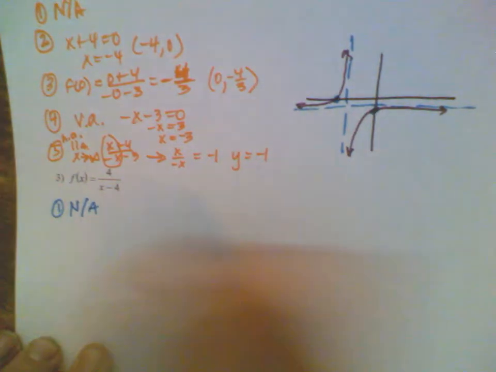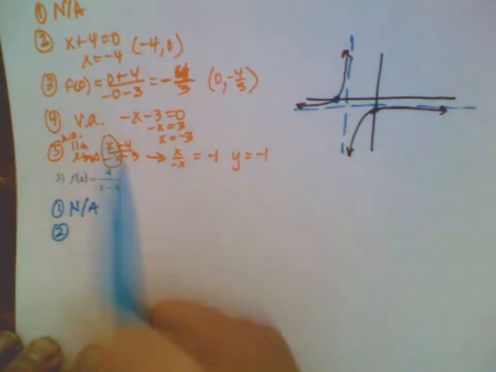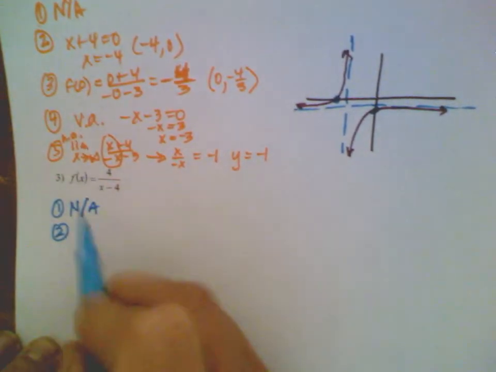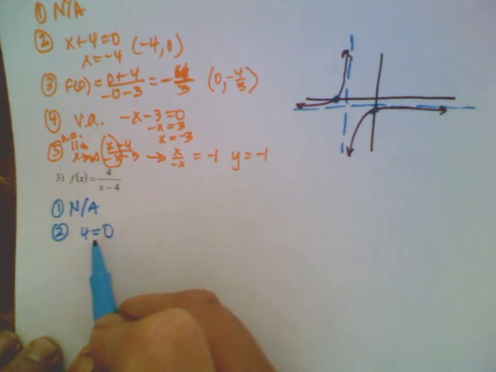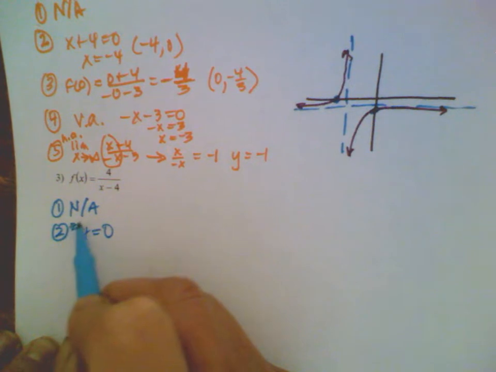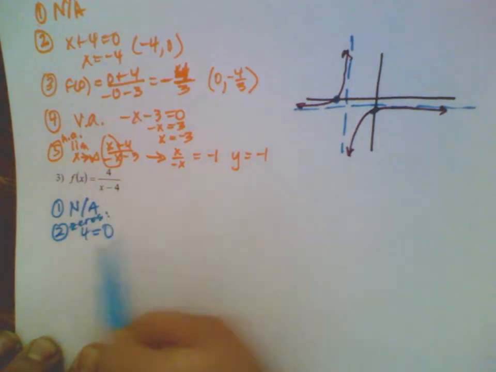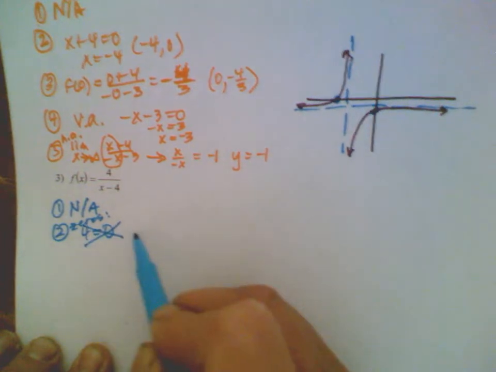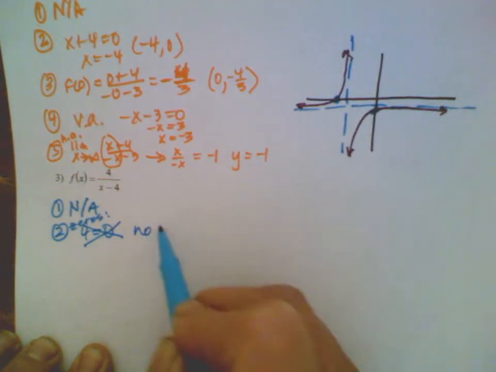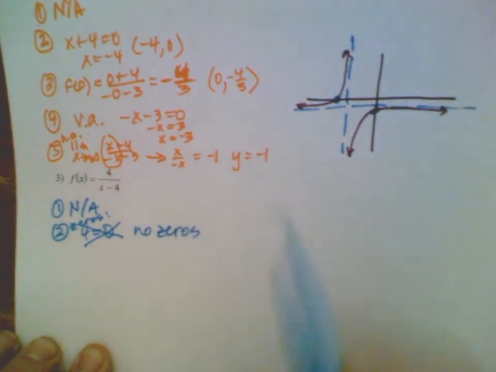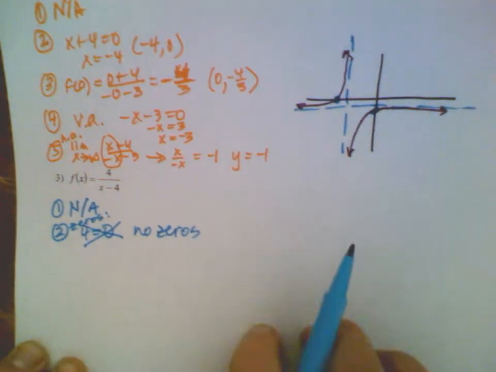It's not factorable. But when I set my numerator equal to 0 to find my zeros, 4 equals 0, well, that's never going to happen, so this has no zeros, meaning it never crosses the x-axis, no x-intercepts.